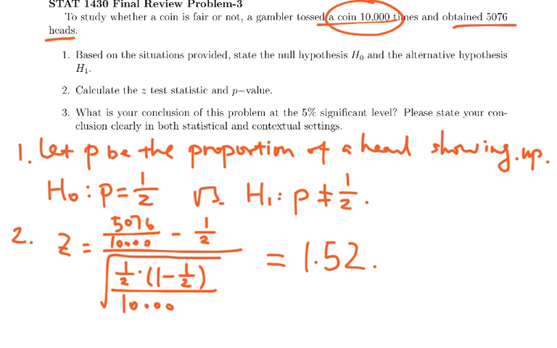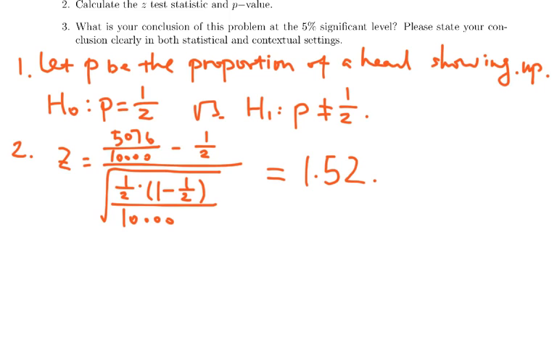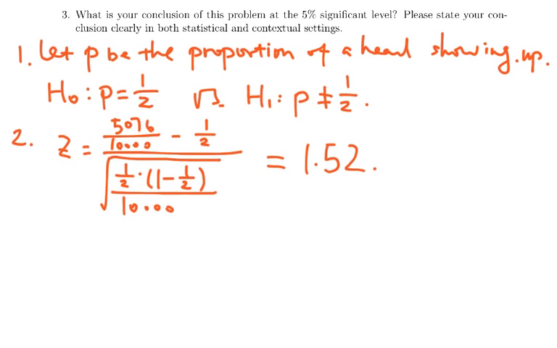And then we're going to find the p-value. Again, remember the p-value is the probability of observing data as extreme or more extreme than what we have observed in the direction of the alternative hypothesis H1 when the null hypothesis H0 is true. So here, our alternative hypothesis is p not equal to 1/2. That is, we have a two-sided test.